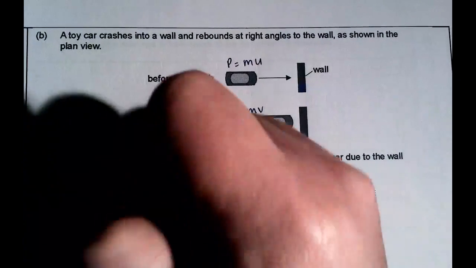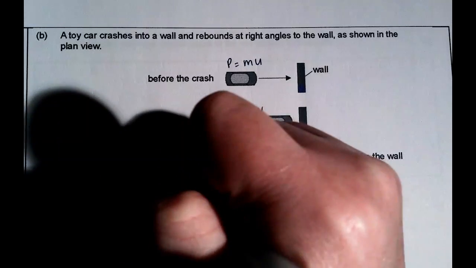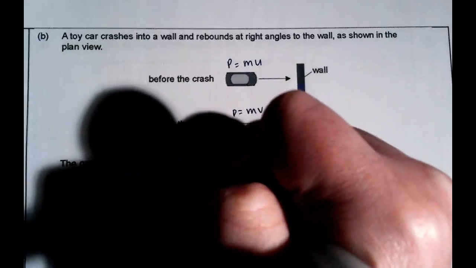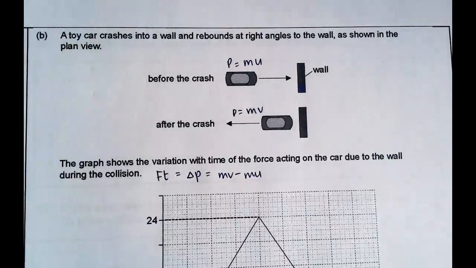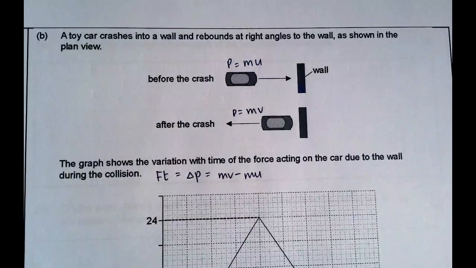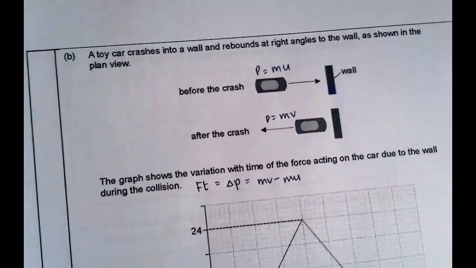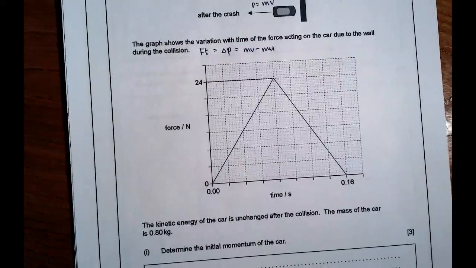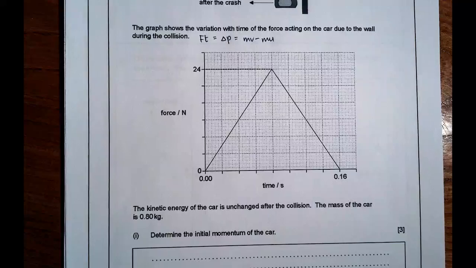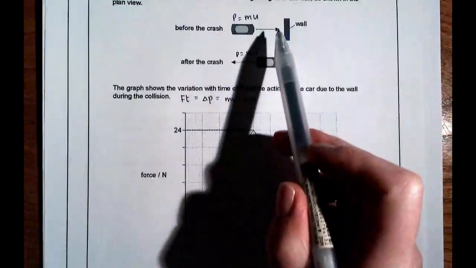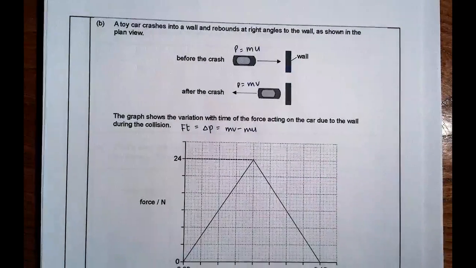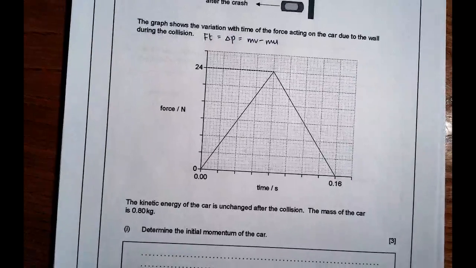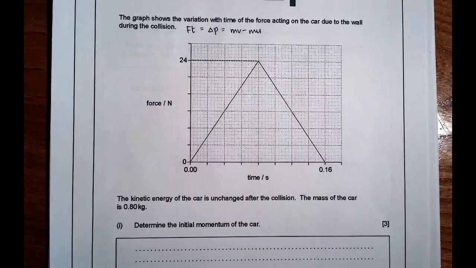Now this is where I'd automatically be saying, okay, remind myself of the equation, Ft equals mv minus mu. Before I even look at the graph, just write down what you know, linking those things together. Okay. So then you can see that during the collision, which is when the car is in contact with the wall, the force acting on the car and how it varies with time is shown here.